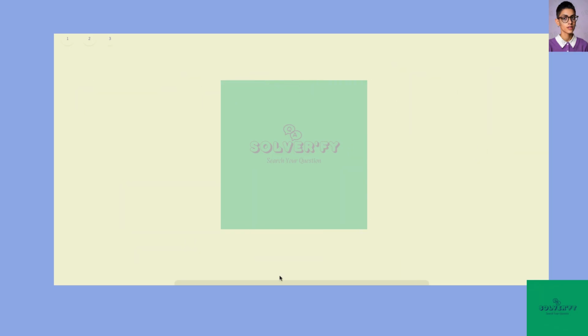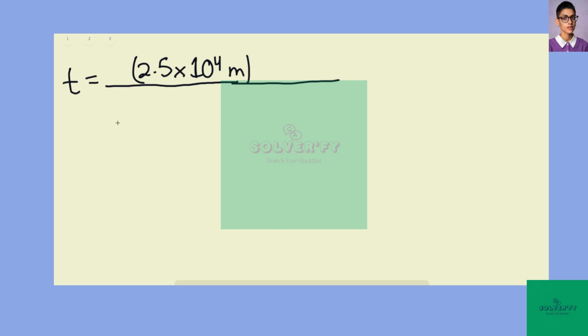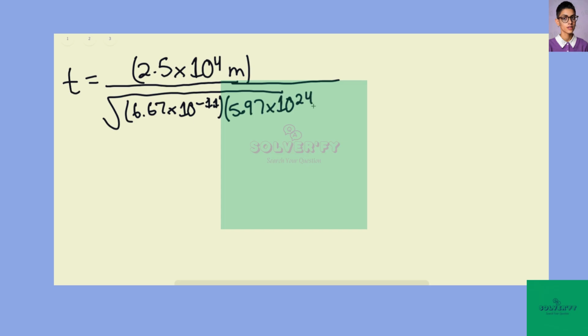So t, we can then solve and say that t is going to be equal to 2.5 times 10 to the 4th meters, and then this will be the square root of 6.67 times 10 to the negative 11th times 5.97 times 10 to the 24th kilograms.